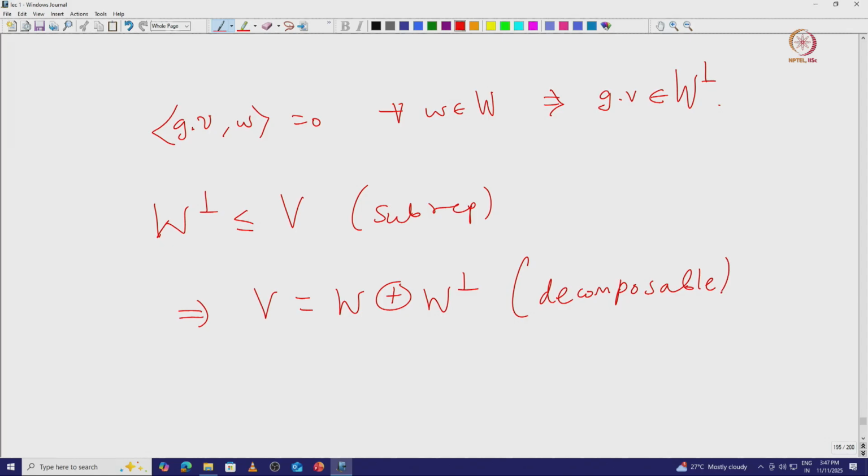This also proves, by induction on the dimension, that you can easily show this can be further factorized into a direct sum of irreducible unitary representations.